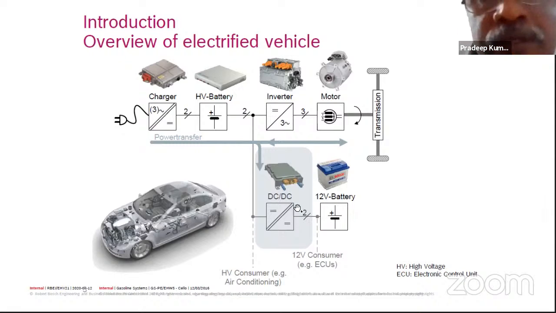Thereby, you are eliminating the alternator of the conventional vehicle. By a static device called DC-DC, you are eliminating some moving mechanisms, and DC-DC is much cheaper than the alternator. So in every electric vehicle, you will find this DC-DC converter. This is another important component in an electric vehicle.